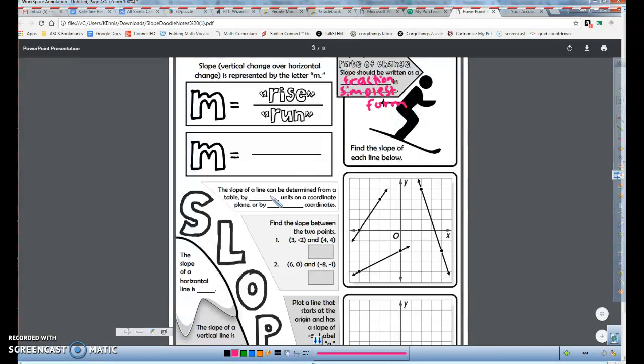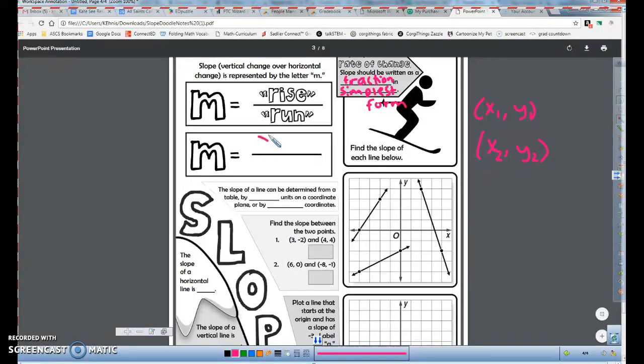Sorry, my writing doesn't really fit with this pen apparently. And we do have an equation for slope. So if we're given 2 points, remember points are always x and y. So let's say we're given 2 of these x and y. And to distinguish between x's and y's, we'll label this first point x1, y1, and this point x2, y2.